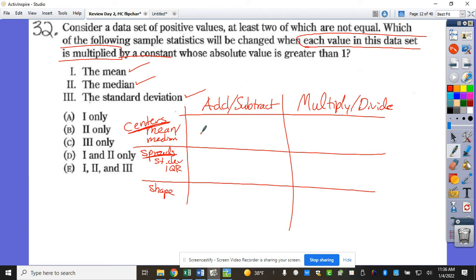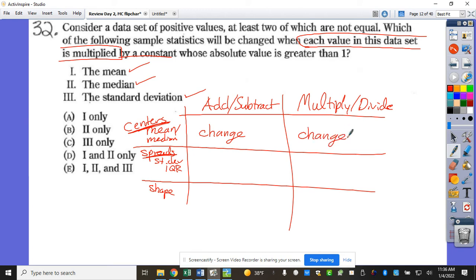In general, we talked about this earlier. How do you know mean is always going to work? How does mean always work? Exactly the way you think it would. So if I add and subtract, my mean is going to change. If I multiply and divide, my mean is going to change. It does exactly what you think it would.